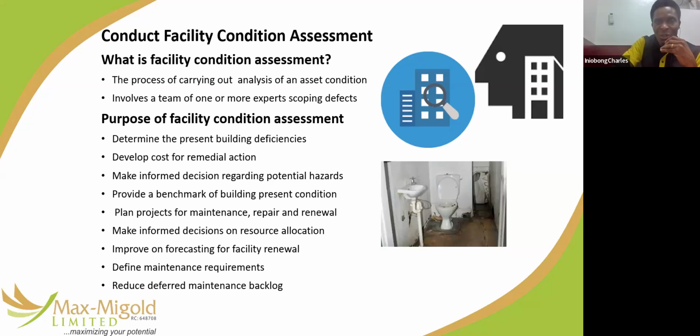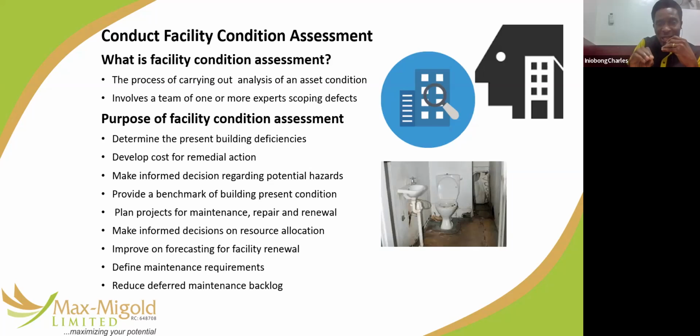Now, the facility condition assessment helps us to know what we will spend for remedial action. Now, there is what we call the facility condition index. This index helps us take decisions whenever we want to renew or replace a facility.